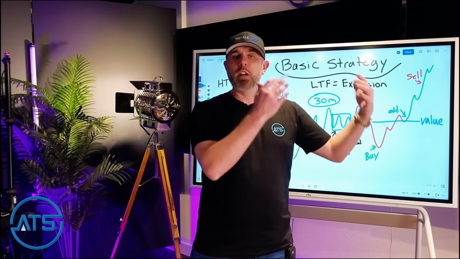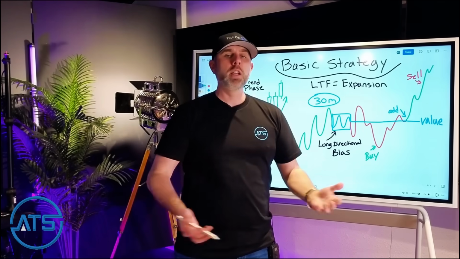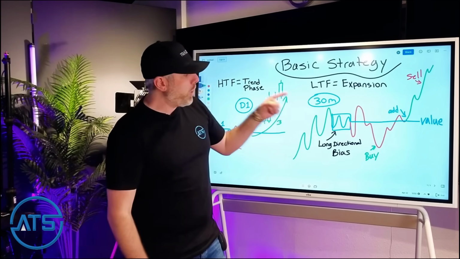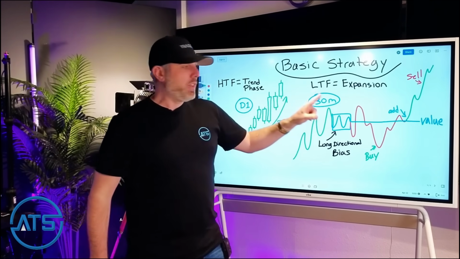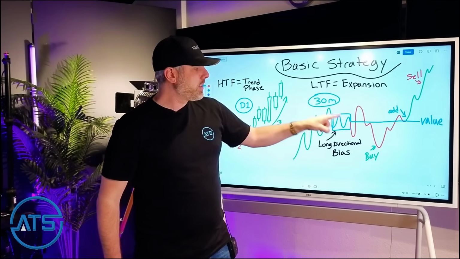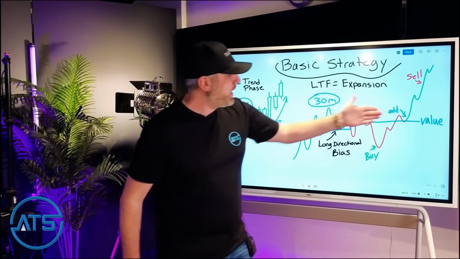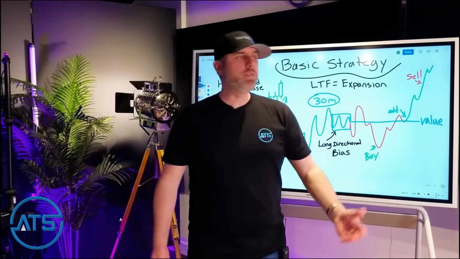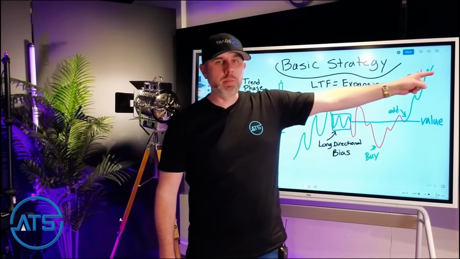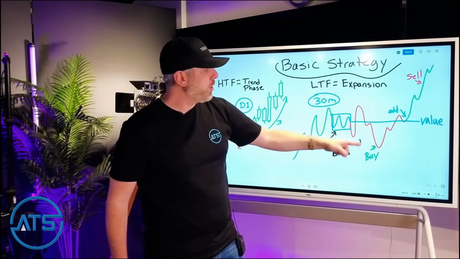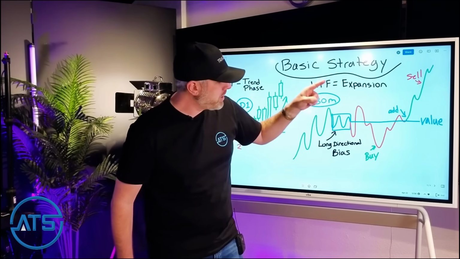And like we talked about before, the higher time frames control the stable flow of money in those directions. So we already expect that the outcome of the 3 market phases of this box is going to be to the upside. So what do we do in expansion? Because by default, we expect the trend phase to ultimately go long, we trade everything that goes below value to the long side, meaning that you're going to buy.